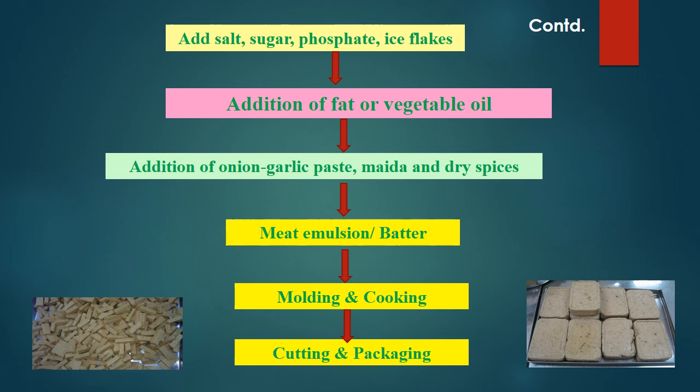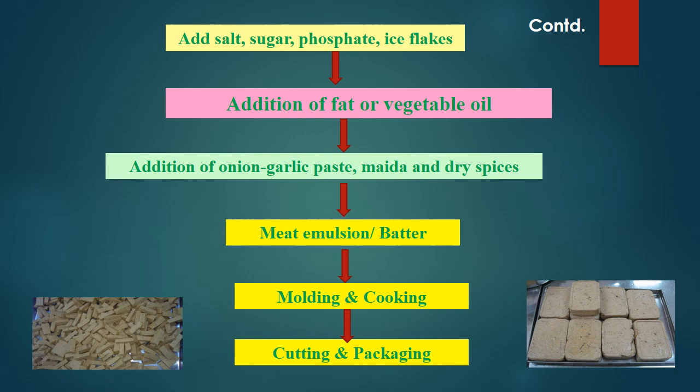If we run it for some time, the salt soluble proteins will be extracted and make a semi-solid slurry or matrix, which acts as the continuous phase for making the emulsion. At this stage we add either meat fat like chicken fat, or vegetable oil, and if we run the machine at high speed it will mix together and make a batter or emulsion.